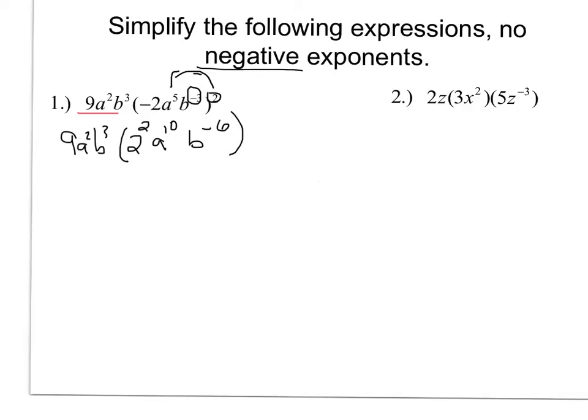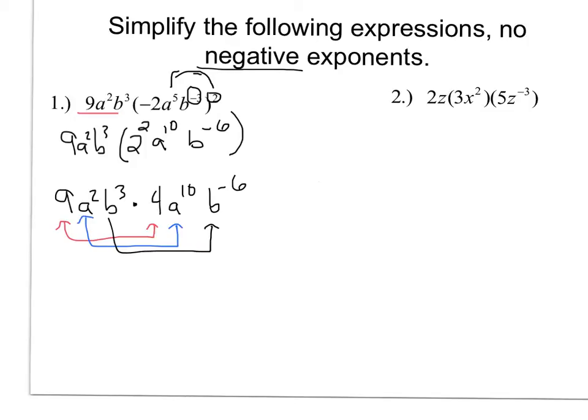And now, just to add an extra step here, I'm going to simplify and remove the parentheses. I turned 2 squared into 4. And now I'm going to take all my like terms and put them together. So I have a 9 times a 4. I have the a's.